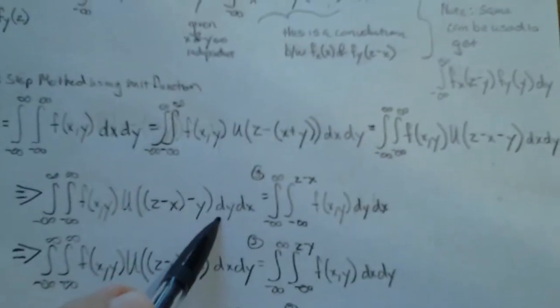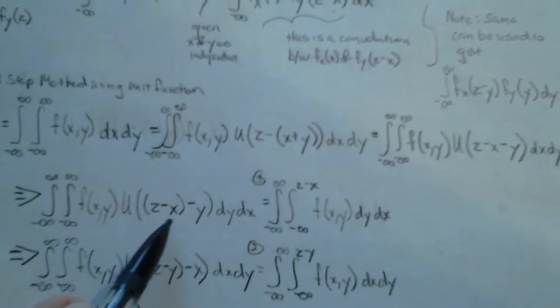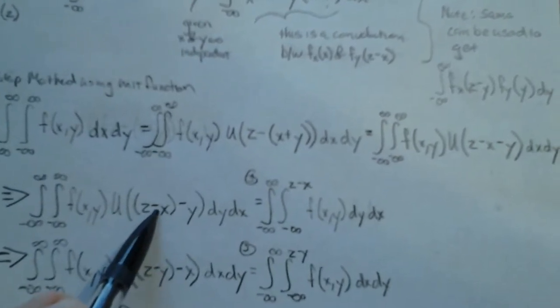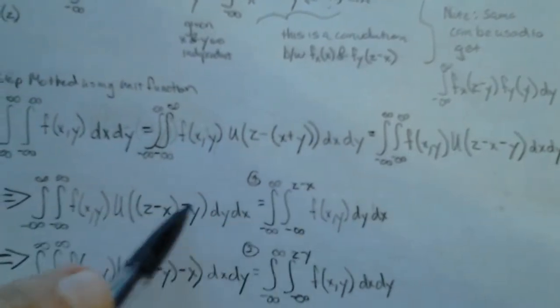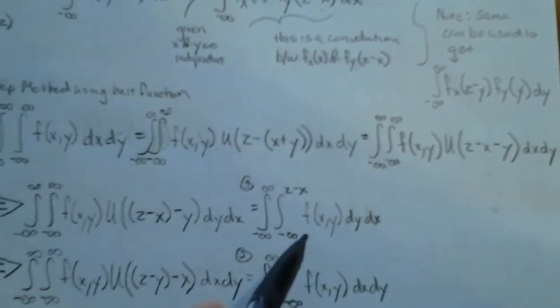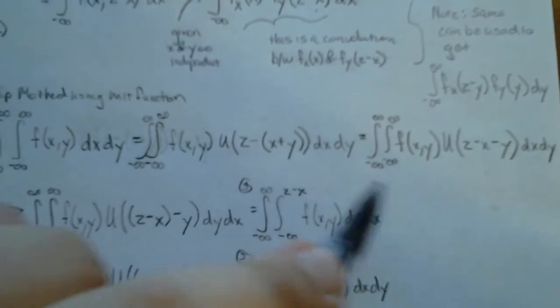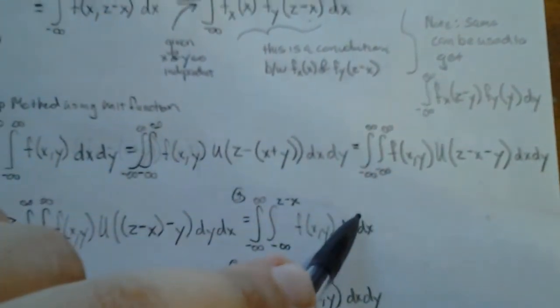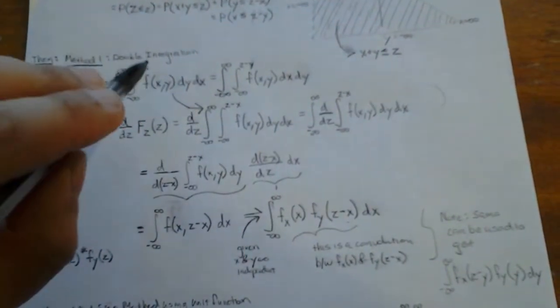What we're basically showing is that if we rearrange things in this manner, this is equivalent to putting in the limits using this unit function, from negative infinity to z minus x. Right there. Which is equivalent to one of the terms we used up here, isn't it?